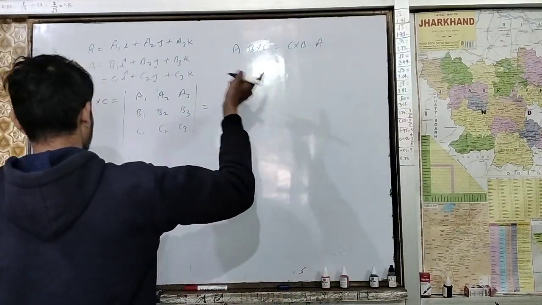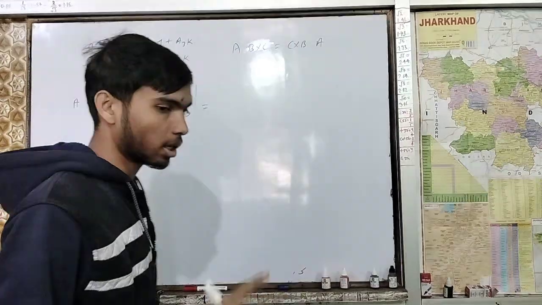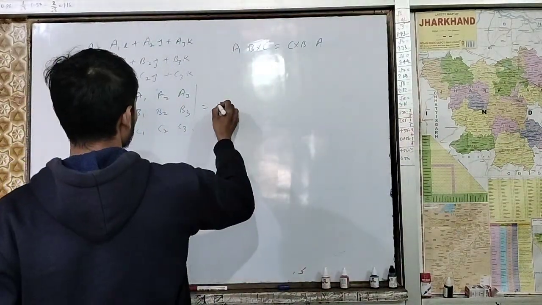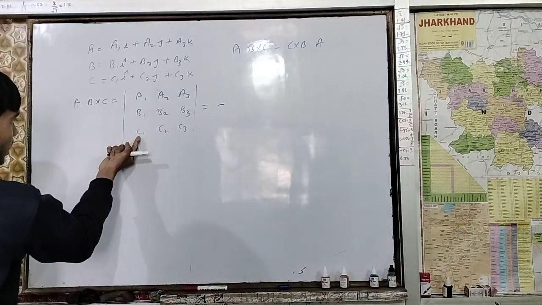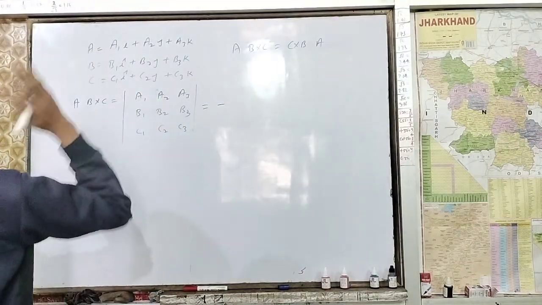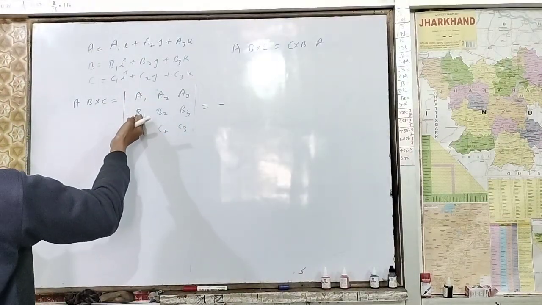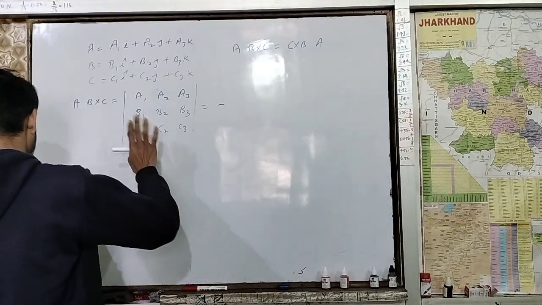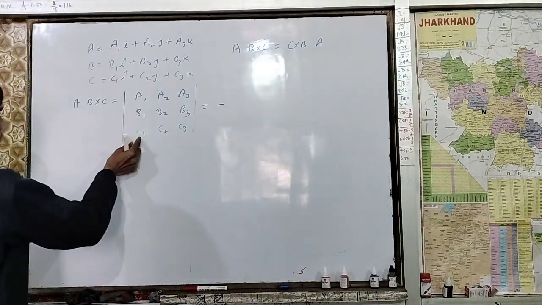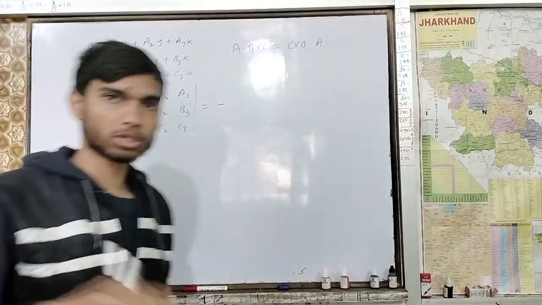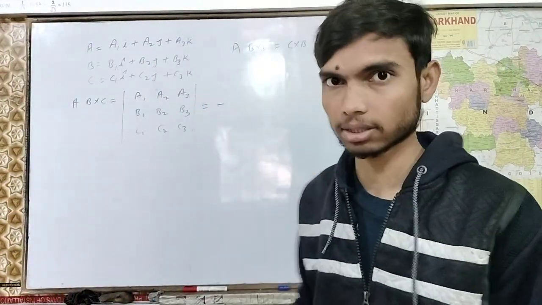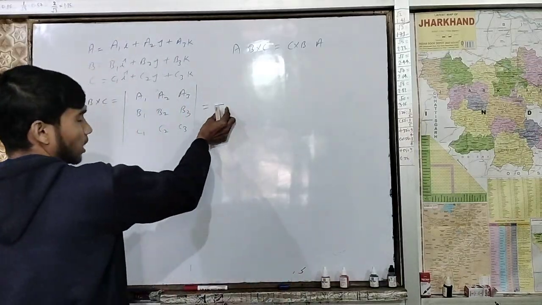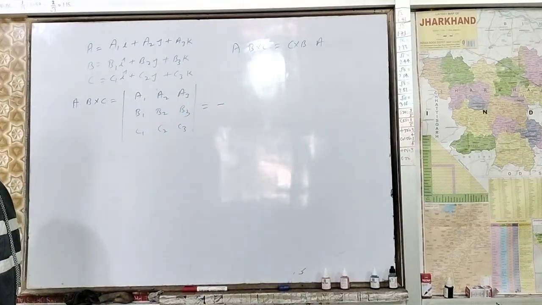First is coming what? C, then B, A. Just we are writing C in the place of A and A in the place of B. B is the same. Just we are interchanging, replacing C1 by A1. If we do like that, then we apply this negative sign.